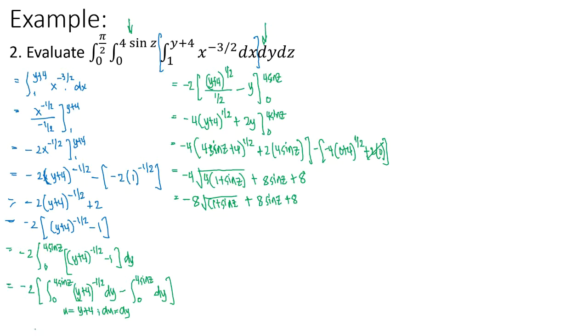So we'll proceed with the third integration, which is in terms of dz and from 0 to pi over 2. So we have negative 8 is constant, 0 to pi over 2, square root of 1 plus sine z dz plus 8, 0 to pi over 2, sine z dz plus 8, 0 to pi over 2 dz.